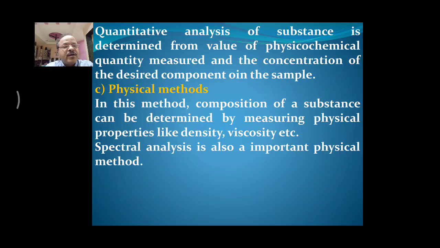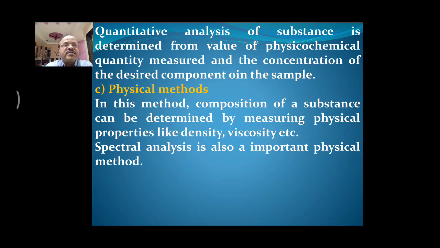So here we should know one physical parameter, for example optical density of that substance, and if we know the concentration of that sample, we can find out the quantity of that substance, that is we can carry out the quantitative analysis. So this is about the physicochemical method.